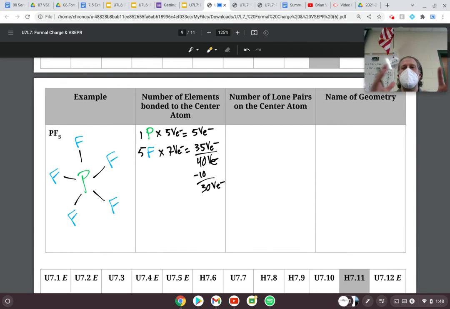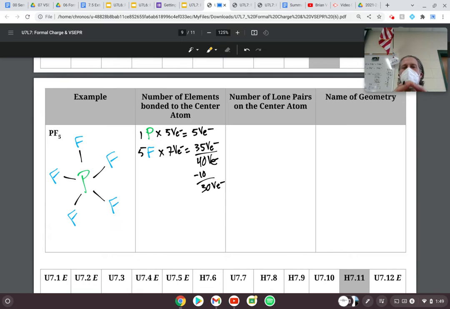Phosphorus is already in an expanded octet. It cannot have anything more at this point. So we're going to be placing electrons around the fluorines. Each fluorine already has 2 electrons around it as a result of the individual bond, so each fluorine needs 6 more electrons.